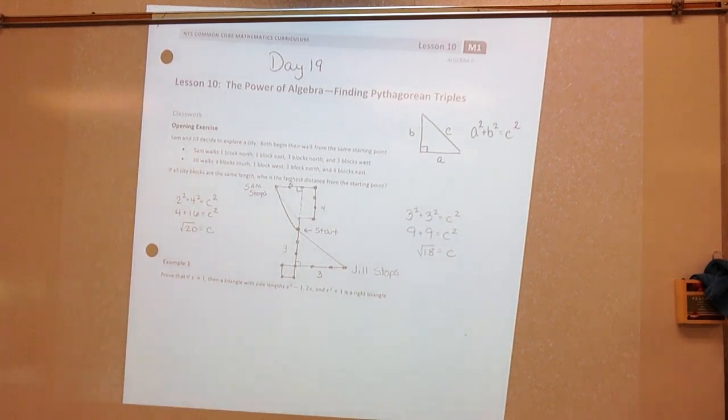Now, I am not required to figure out what the square root of 20 is and what the square root of 18 is. Hopefully you guys can see who was the furthest away from the starting point.